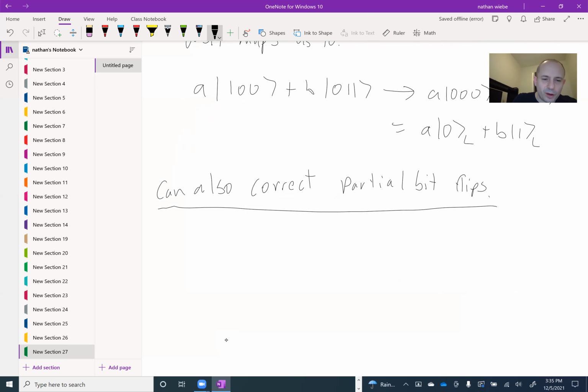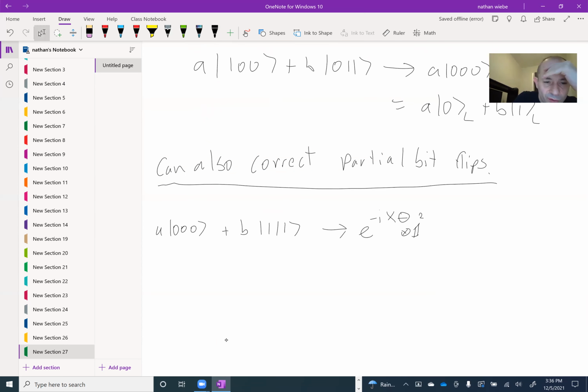What I mean is, okay, let's assume that we have our code word, or our encoded quantum state, which is A000 plus B111. Then I'm going to apply e to the negative i X theta to qubit 0, tensor identity squared. I'm just going to apply this operation to the state.